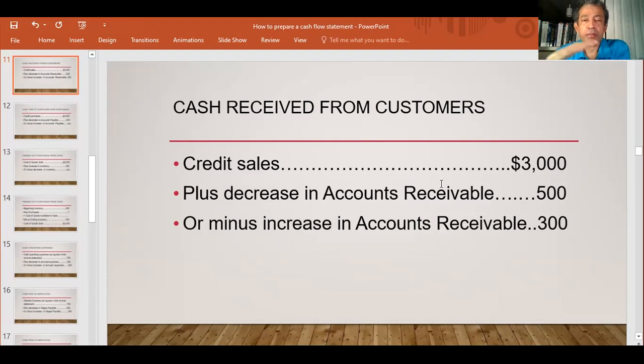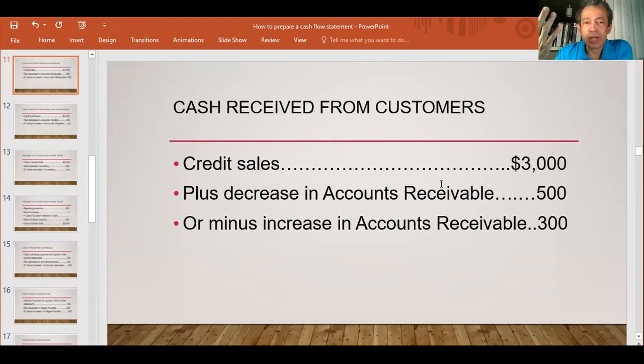You've not only maintained a steady amount of receivables, you've actually reduced it, almost cut it down by 80%. So $1,000 worth of accounts receivable has now become only $200. That means you not only collected your annual sales, but you collected some of your old accounts receivables. So a total of $4,000 was due, and now only $200 is out in the market. So 4,000 minus 200 would have given you $3,800.